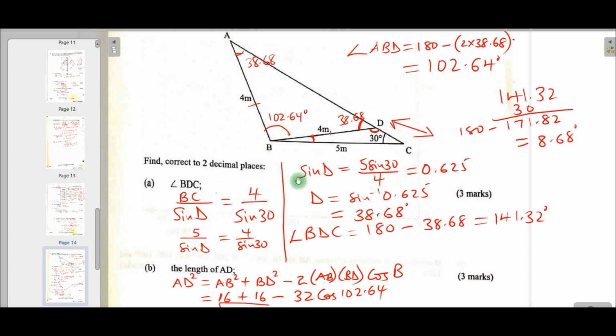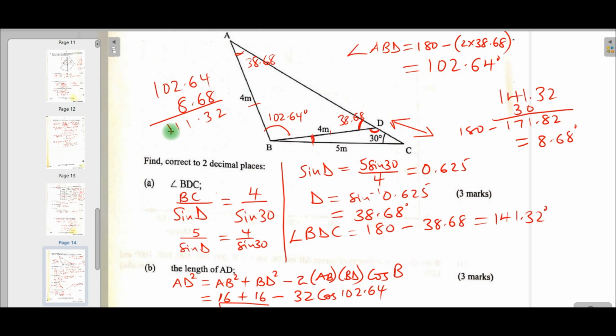The angle at B will be 102.64 plus this angle which is 8.68, so that is 111.32.